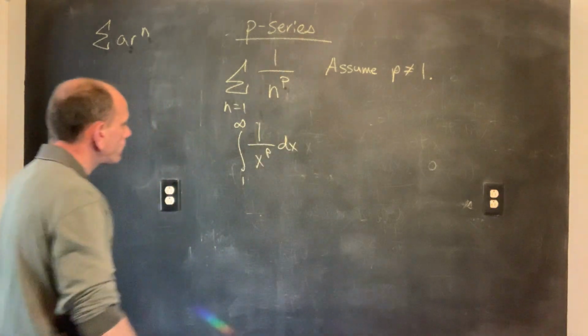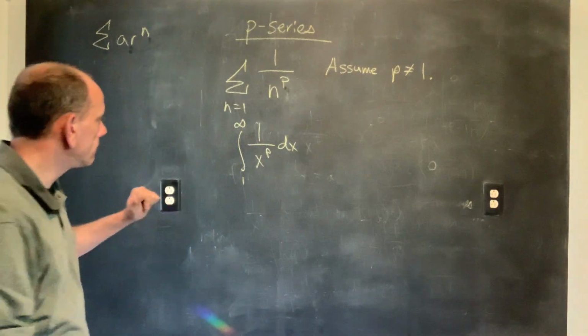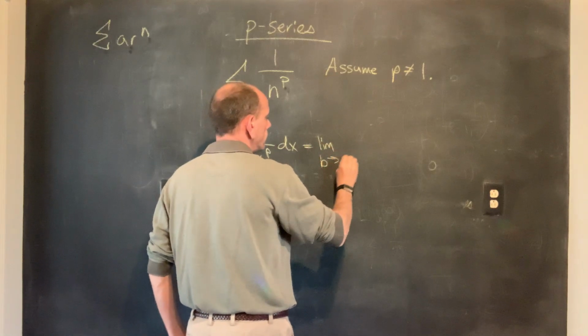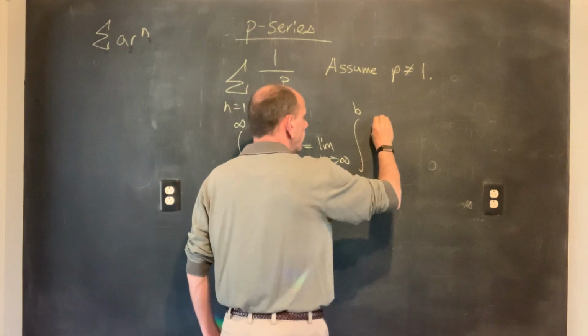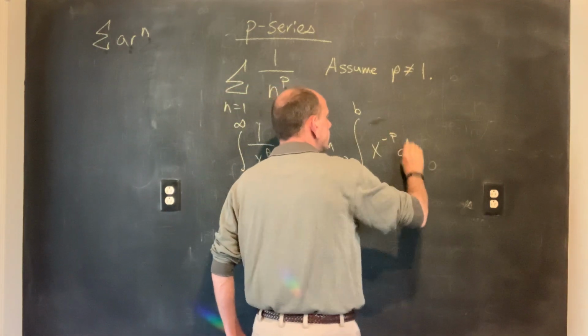Okay? First of all, I need to fix the bad bound. So this is the limit as b goes to infinity of the integral from 1 to b of x to the negative p dx.